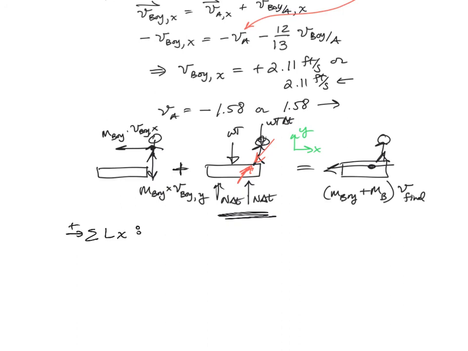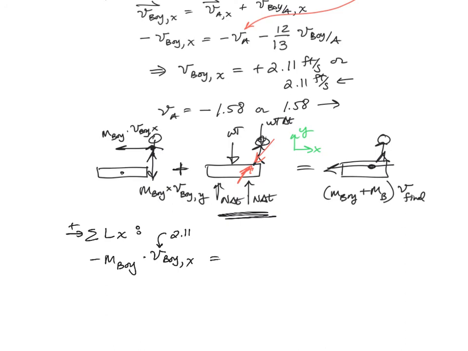And when we do that, in the first diagram, we've got a cart at rest and a boy with a negative mass of the boy times v boy x. And I'll replace that again. I already know what that is. That's going to be 2.11 that we're going to use there.